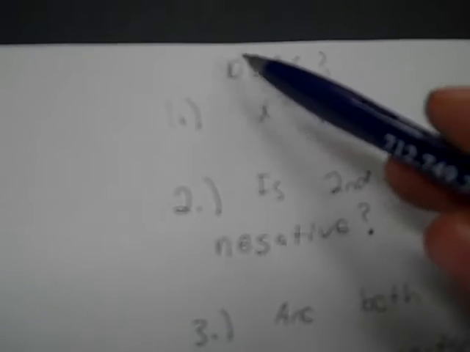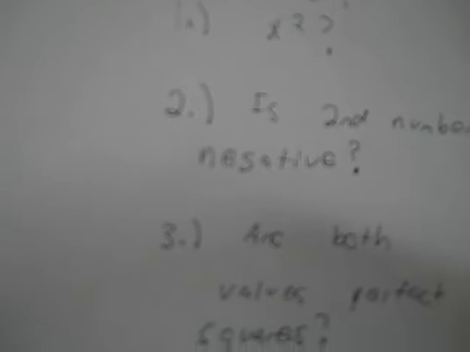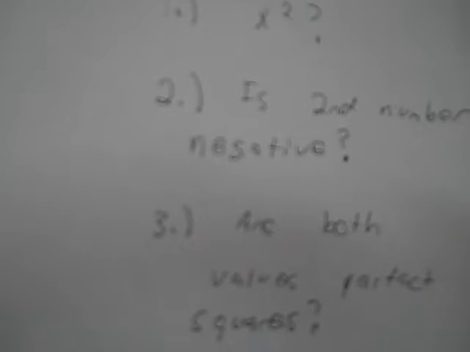Okay, so remember the things we check for. DOPS, difference of perfect squares. Make these parentheses for every problem. There's no GCFs really that we're going to worry about here today. Do we have x second? Yes, we do.